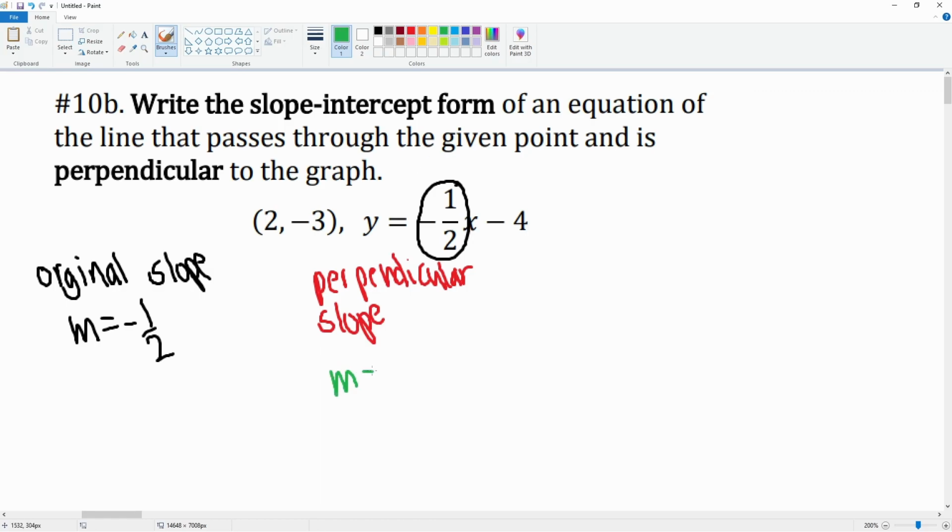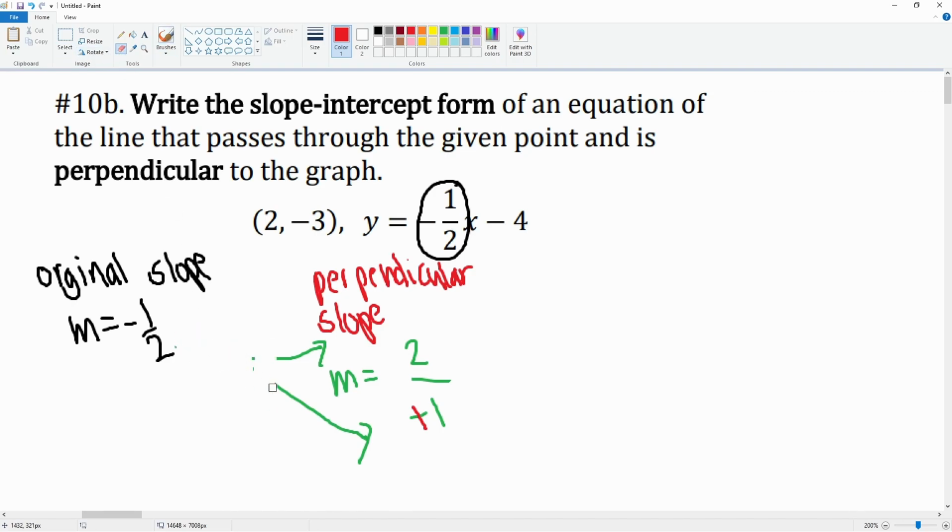So m is equal to, the 2 is going to go on top, and the -1 goes on the bottom. It was a negative, but now it becomes a positive, right? So this is that new slope here.